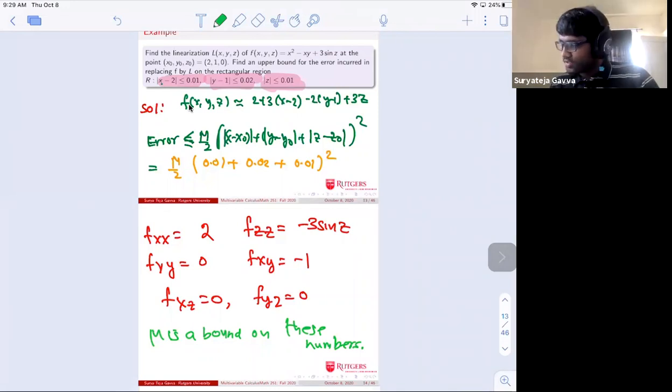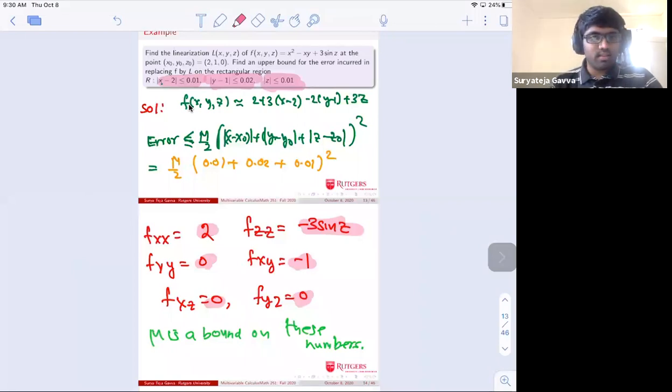So there's 2 here, 0 here, 0 here, 0 here, minus 1 here, but there's minus 3 sine z, right? So 3 is one bound if you want. You can say 3 is a bound. That's fine.